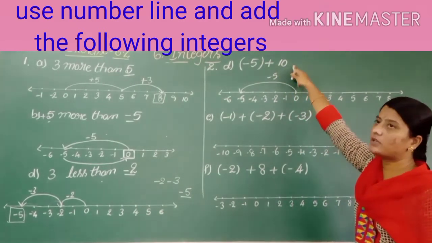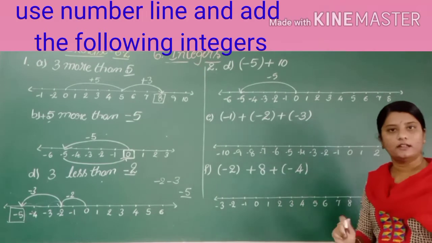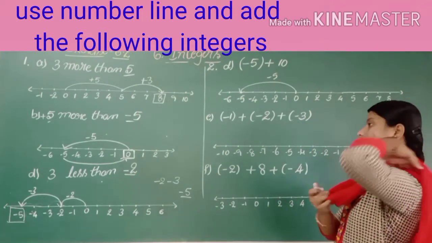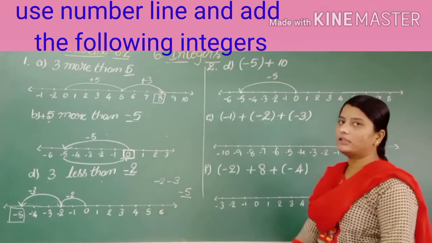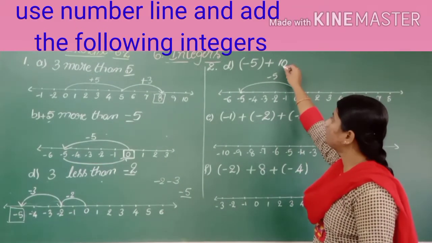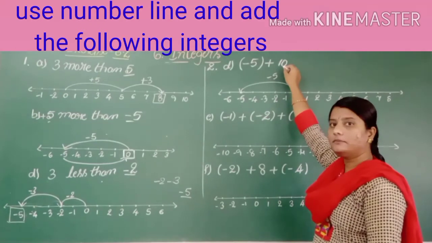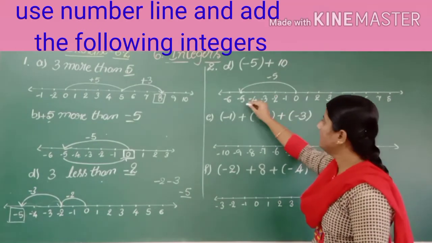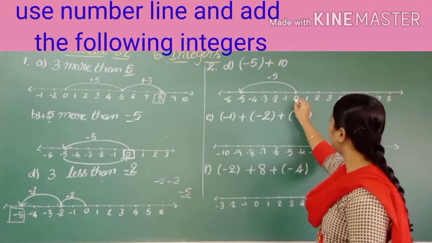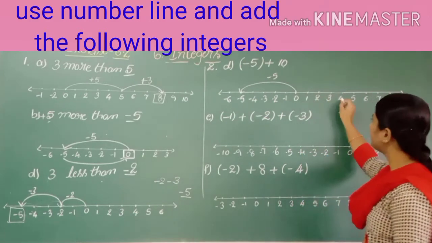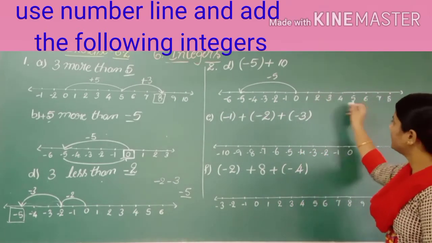Plus 10 means we have to add a positive integer, so we have to move to the right of the number line. How many steps from the minus 5? 10 moves. Here from 5: 1, 2, 3, 4, 5, 6, 7, 8, 9, 10. So up to here.